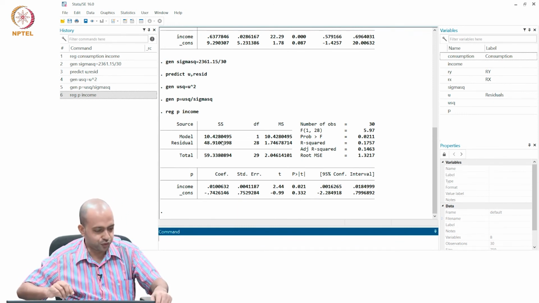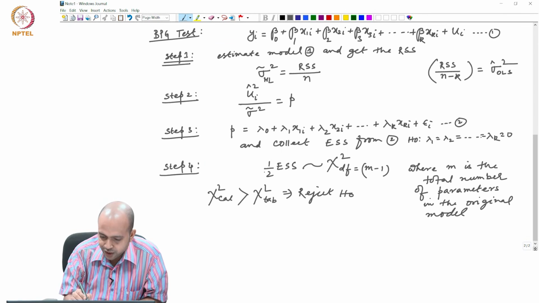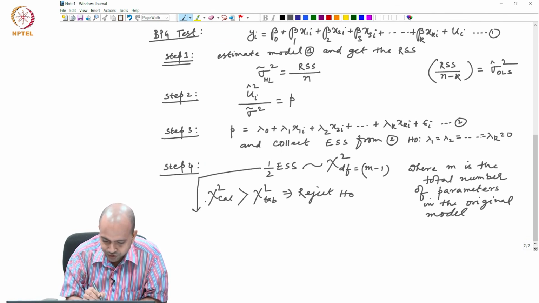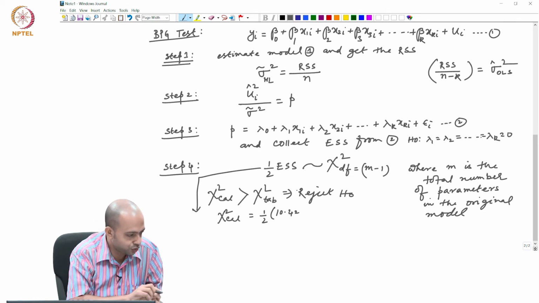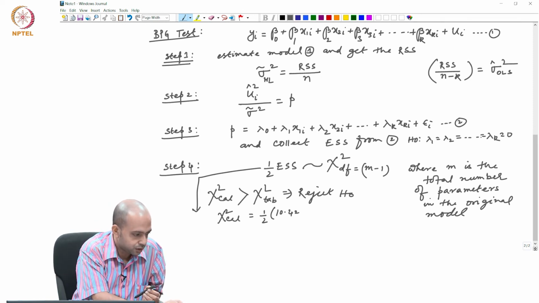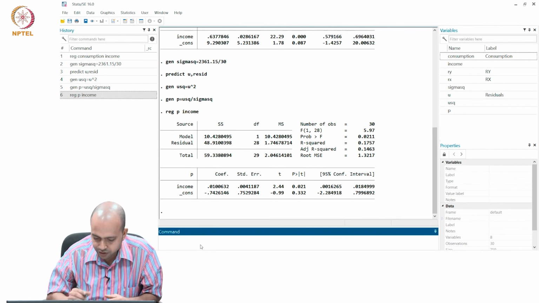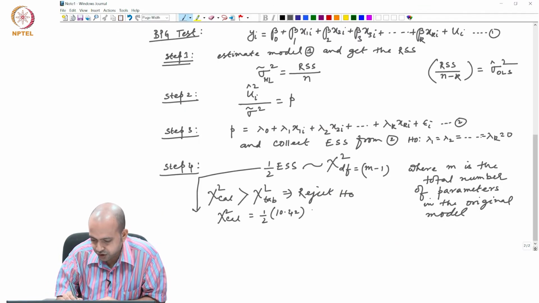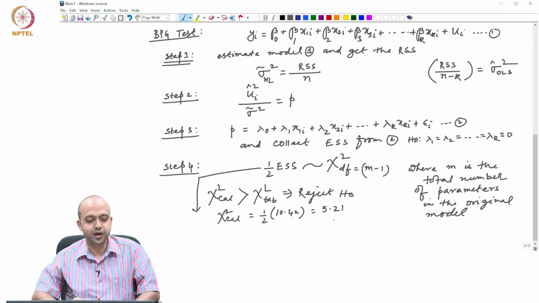So, if it is 10.42, then your chi square calculated should be half into 10.42, which is nothing but 5.21. So, this is your calculated chi square.